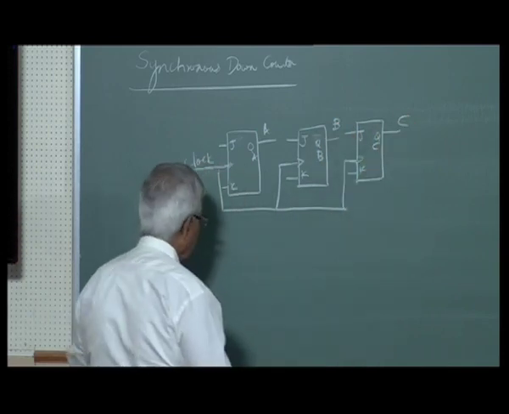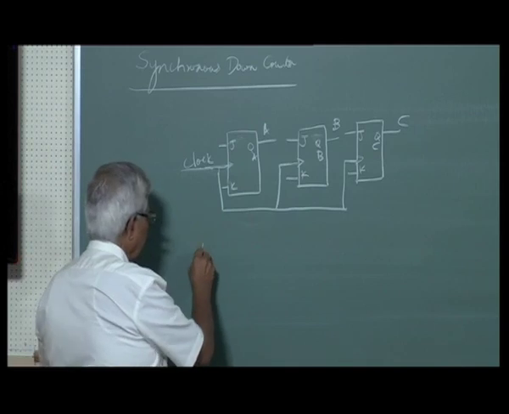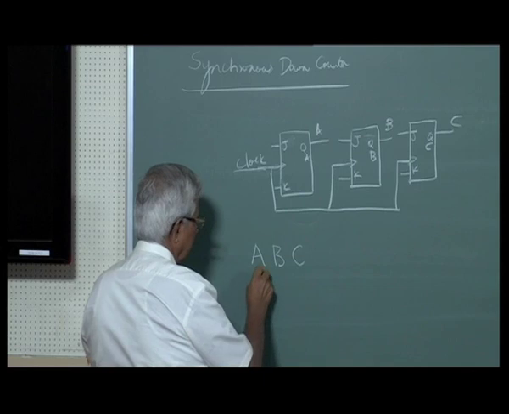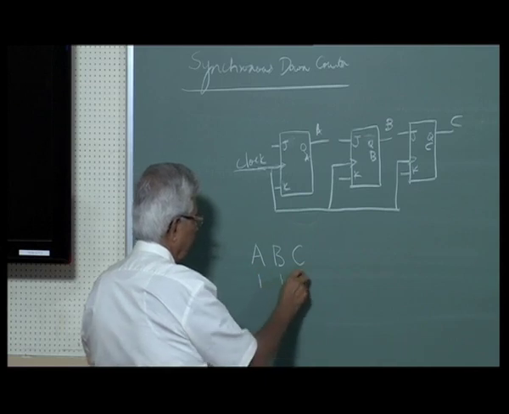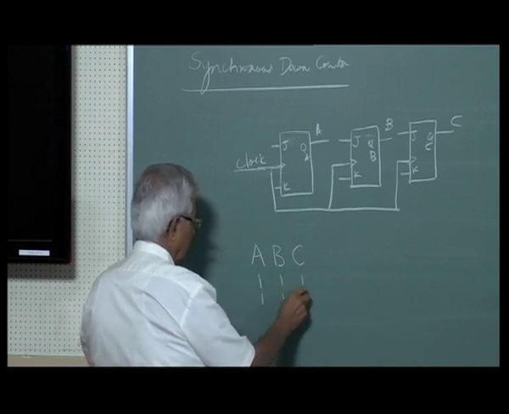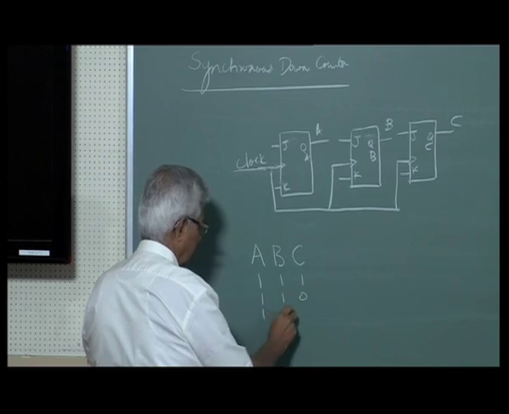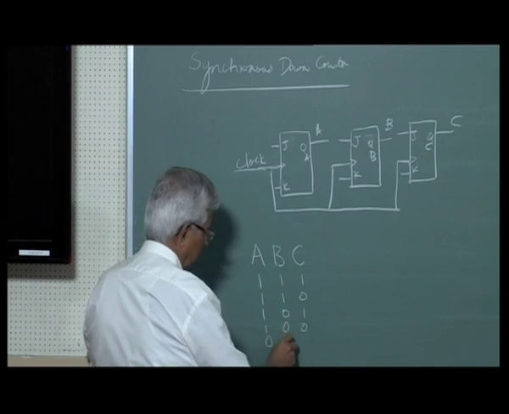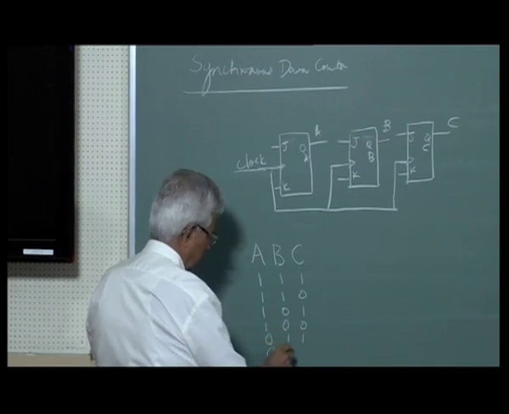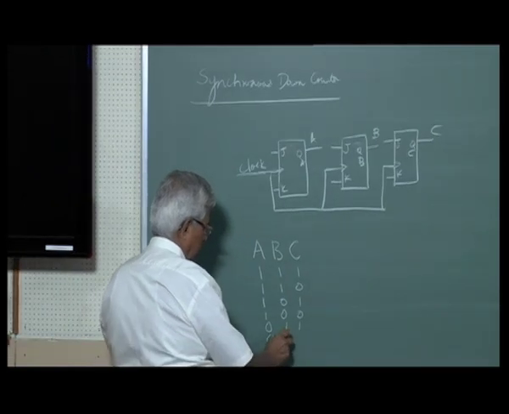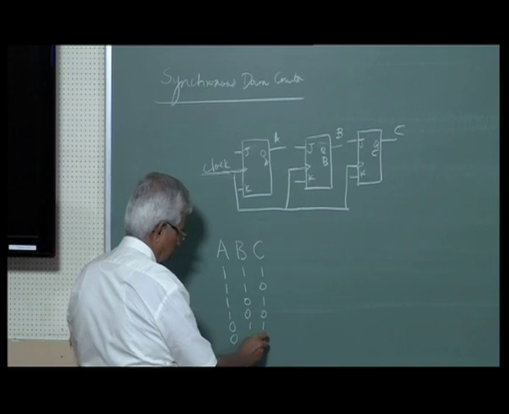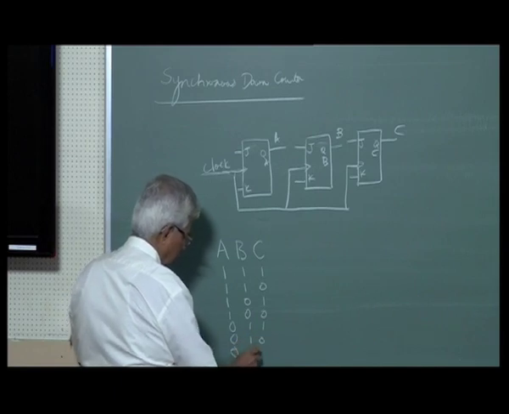Now, the down counter will have the following output. Start from 111, 110, 010, 001.